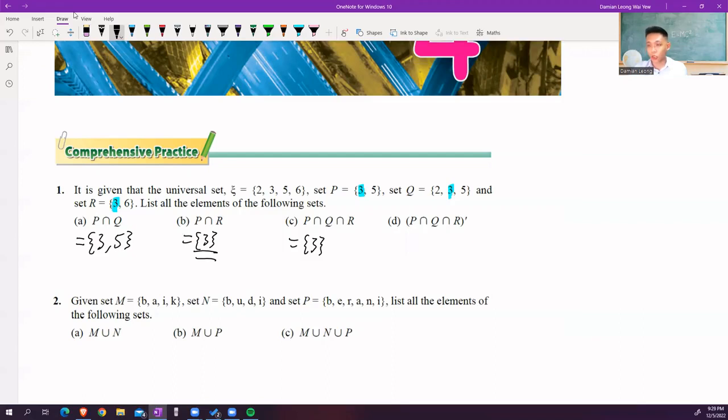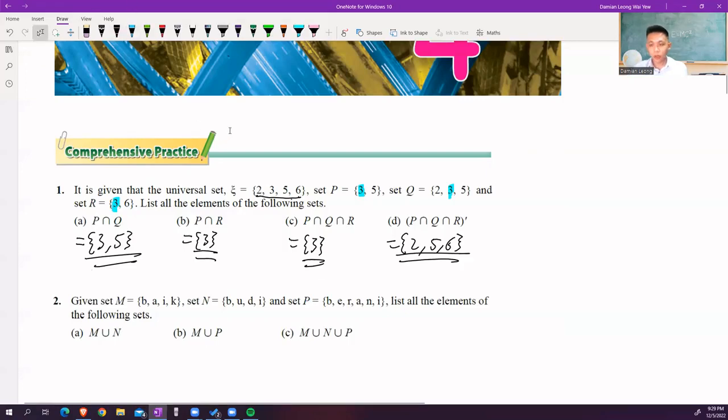The intersection is 3, so it means everything except the element 3 that is inside the universal set. That means I have 2, 5, and 6. The answer is 2, 5, 6. That's for question 1.